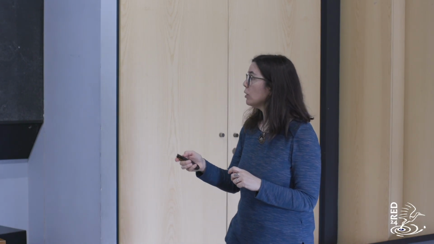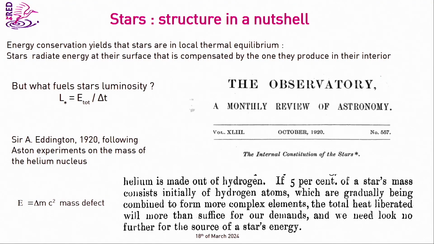And the one who understood this first was Sir Arthur Eddington, who published in The Observatory this paper, which is called The Internal Constitution of Stars.